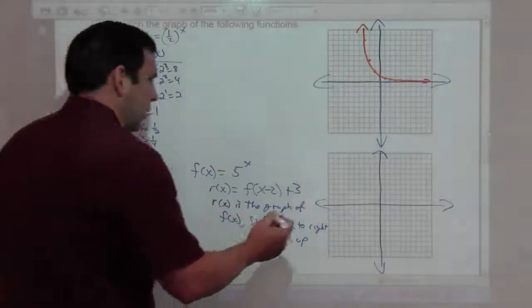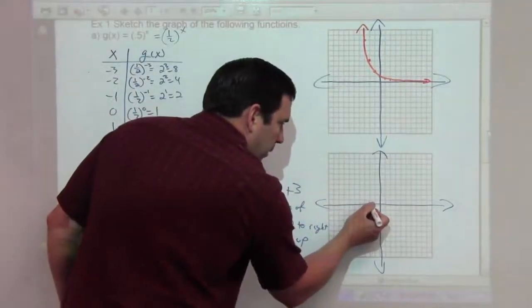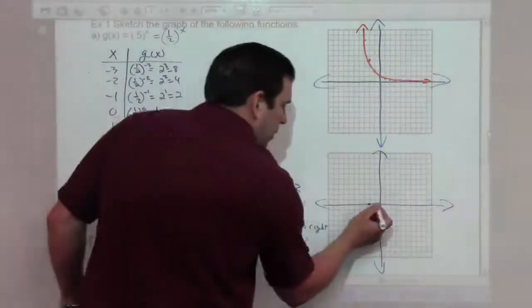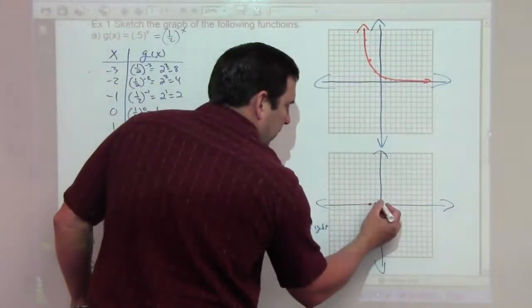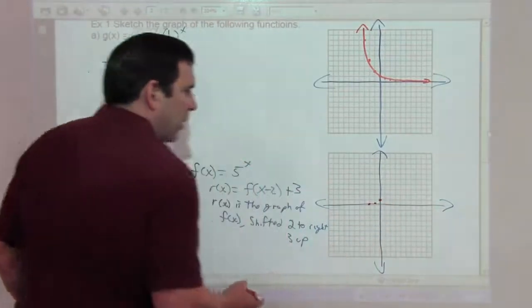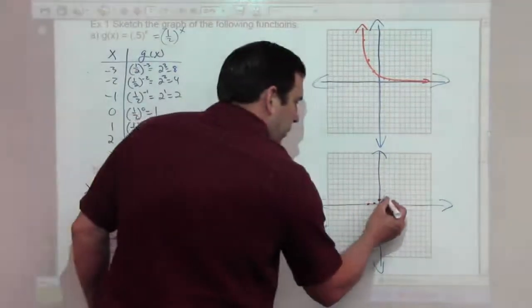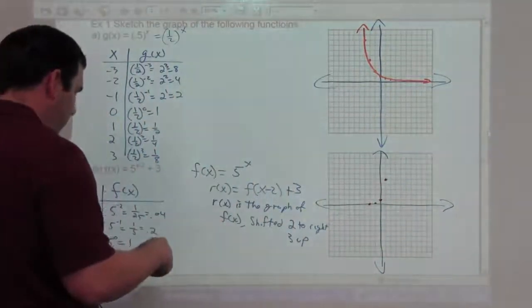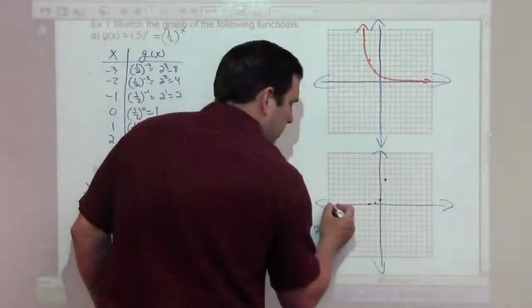Okay, so we have -2 and it's 0.04. It's way down there. And we have -1 is 0.2. And then we have 0 is 1. The 1 is 5. And then we're beyond the graph at 25 for the next one. So it's like this.